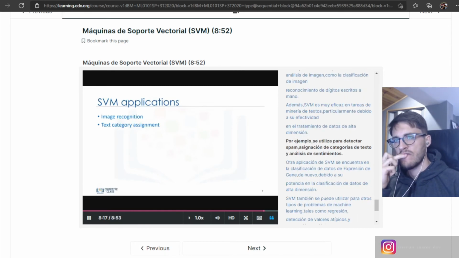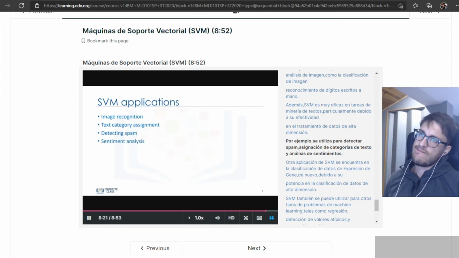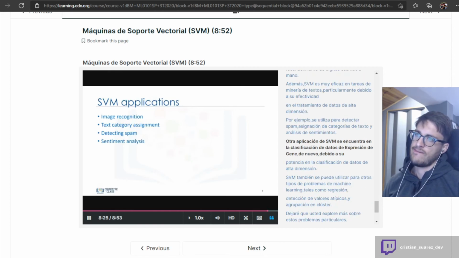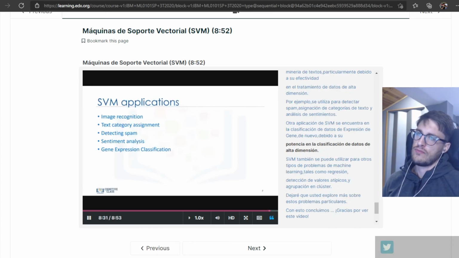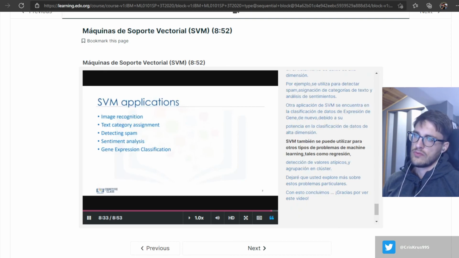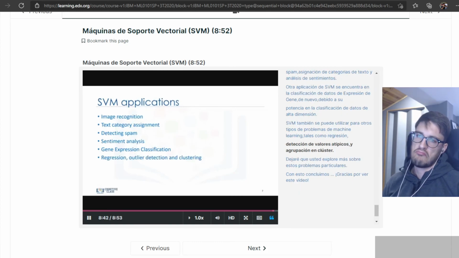For example, it is used for detecting spam, text category assignment, and sentiment analysis. Another application of SVM is in gene expression data classification, again because of its power in high-dimensional data classification. SVM can also be used for other types of machine learning problems, such as regression, outlier detection, and clustering.